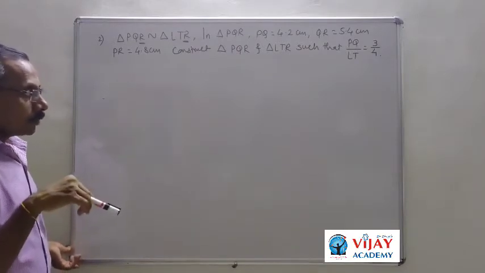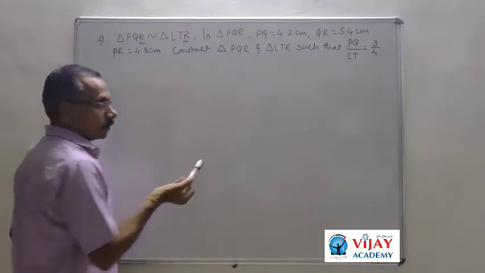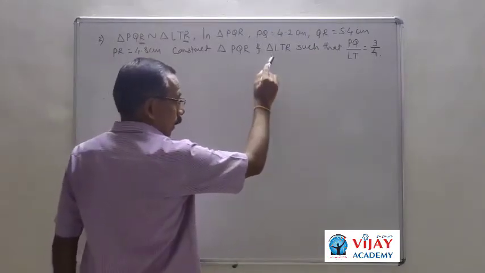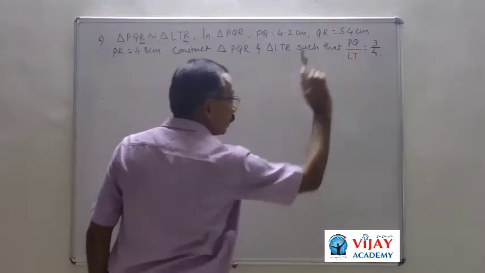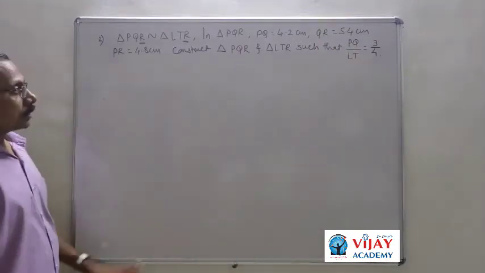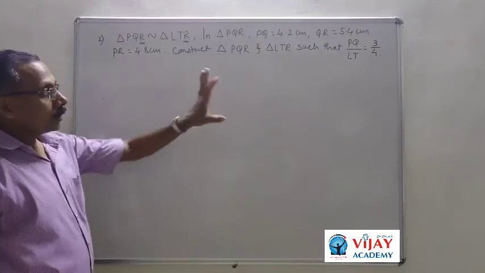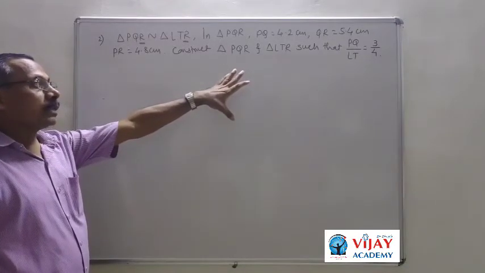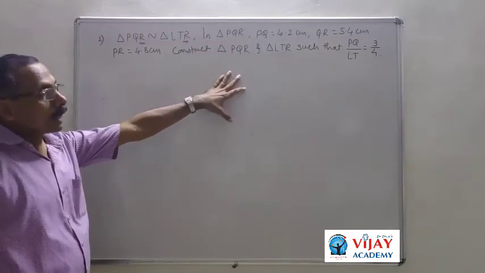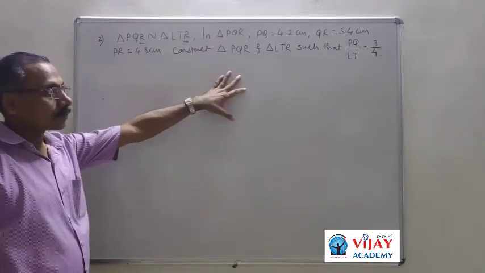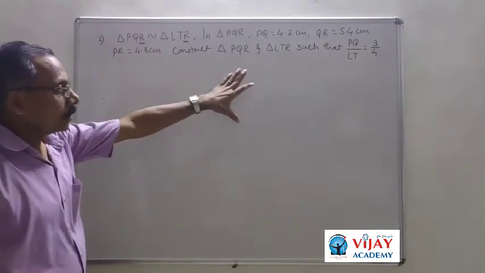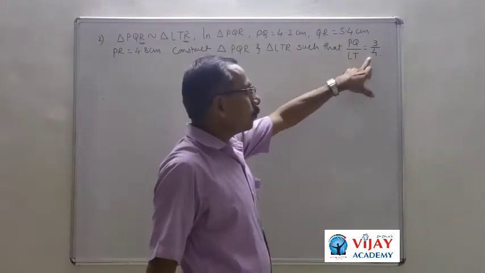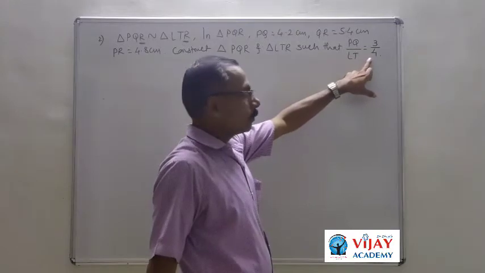In the previous case, first we found the values of the other triangle by using this ratio. In this case, it is not necessary to find the values of the corresponding sides of the triangle, and in this case this ratio plays a very important role.